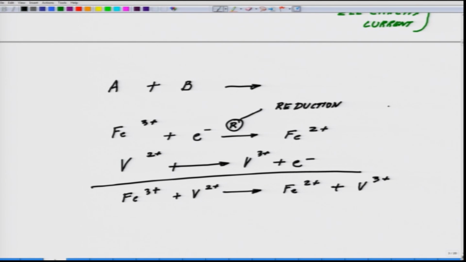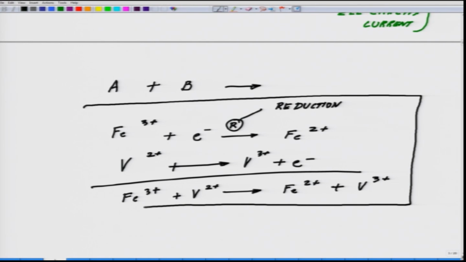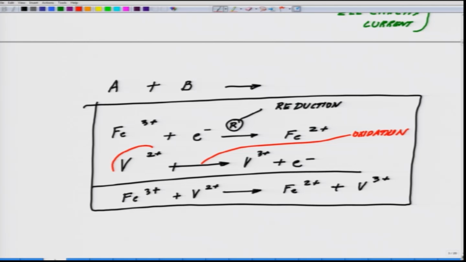Now, if you look at this simple reaction, this is where oxidation has occurred. So, in other words, vanadium got oxidized, whereas iron got reduced.